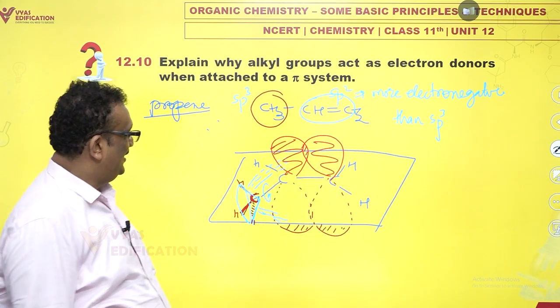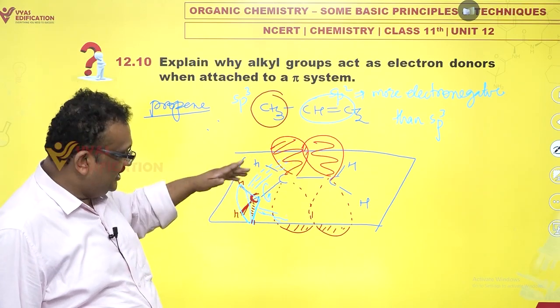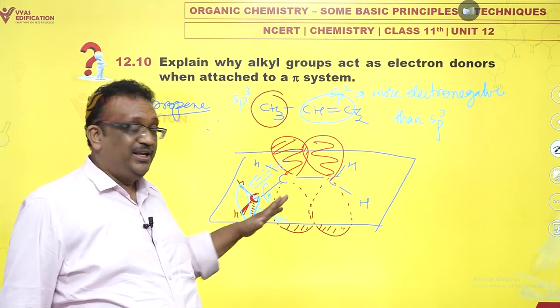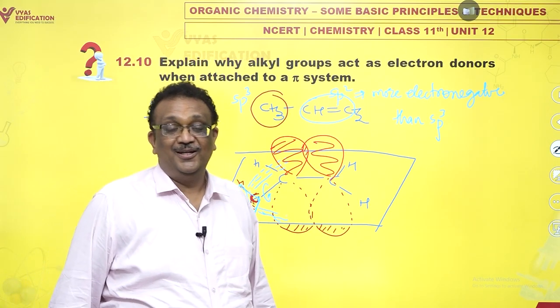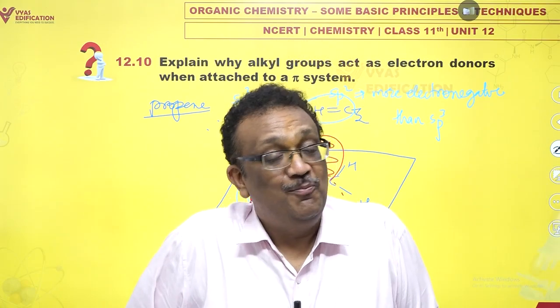Very interesting. The difference is small only, but these methyl groups tend to give away their electron cloud. The advantage being the electron cloud is now spread over a larger volume. And the basic rule of chemistry is the greater the volume over which the charge is spread, the more is the stability.